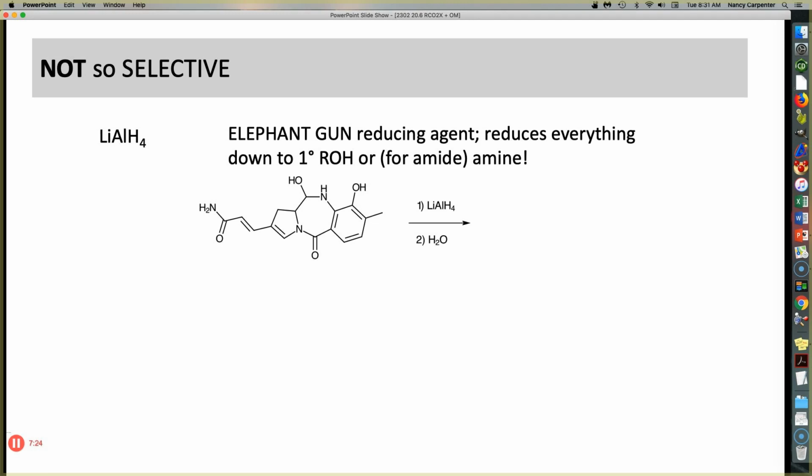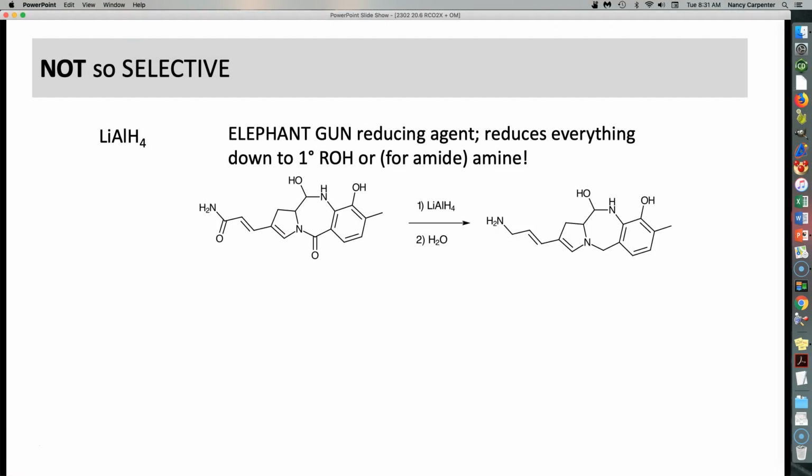What is it going to reduce here? Let's see. I have an amide here, I have an amide here. That looks like that's about as far as I can go. Those both get reduced to the amine. The C=O double bond is gone.